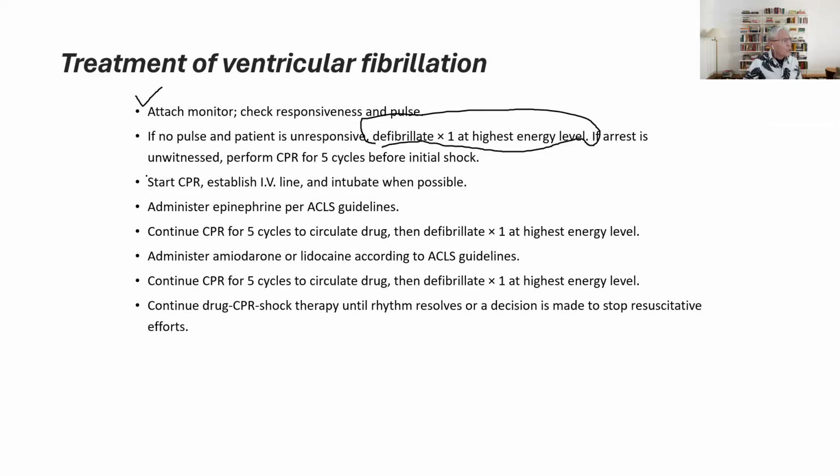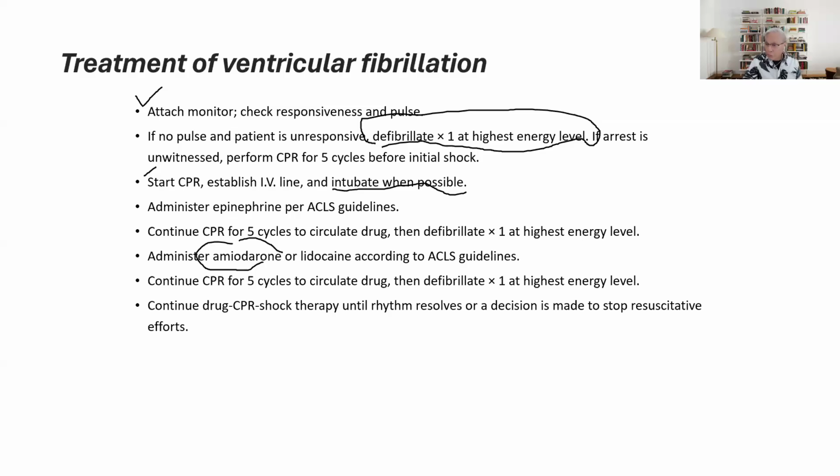And then, of course, you're going to establish an IV line and intubate when possible. You continue CPR, and you will also give amiodarone or lidocaine and continue the same process over and over until the patient responds or comes back or is pronounced dead.